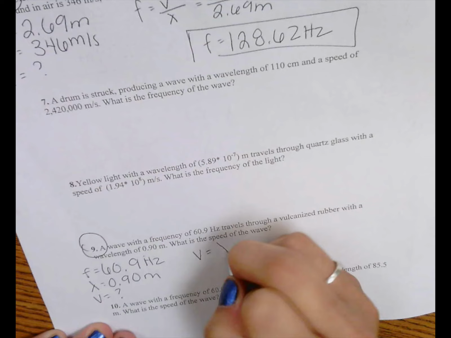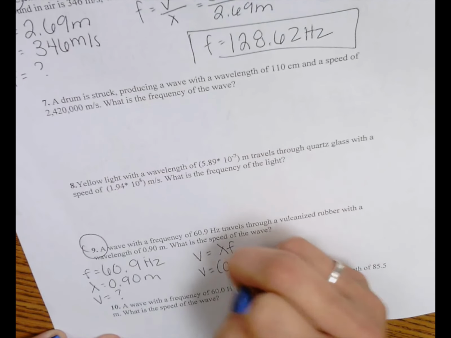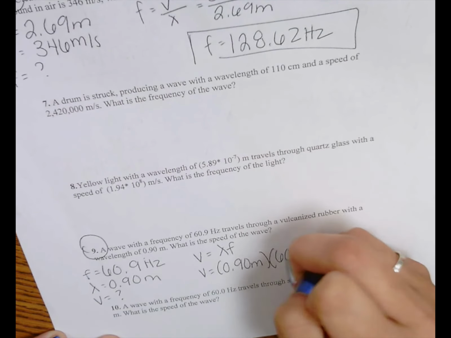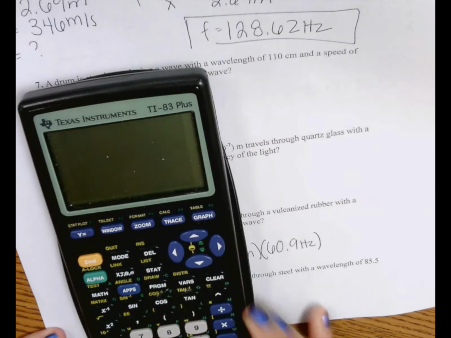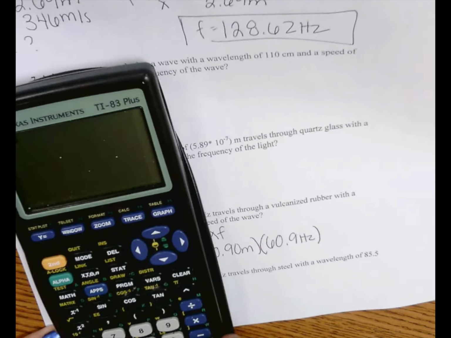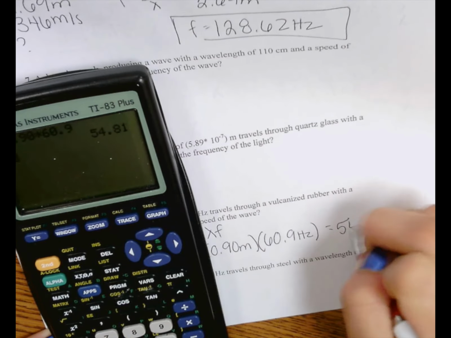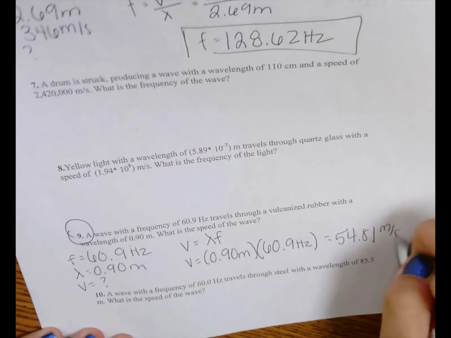So all you have to do is velocity is equal to 0.90 meters times the frequency, which is 60.9 hertz. Plug that into your calculator. 0.90 times 60.9. You will get 54.81, and speed is always measured in meters per second.